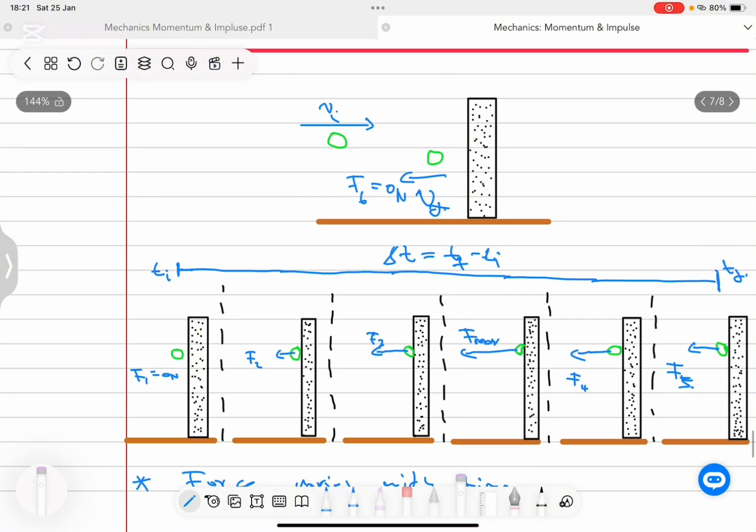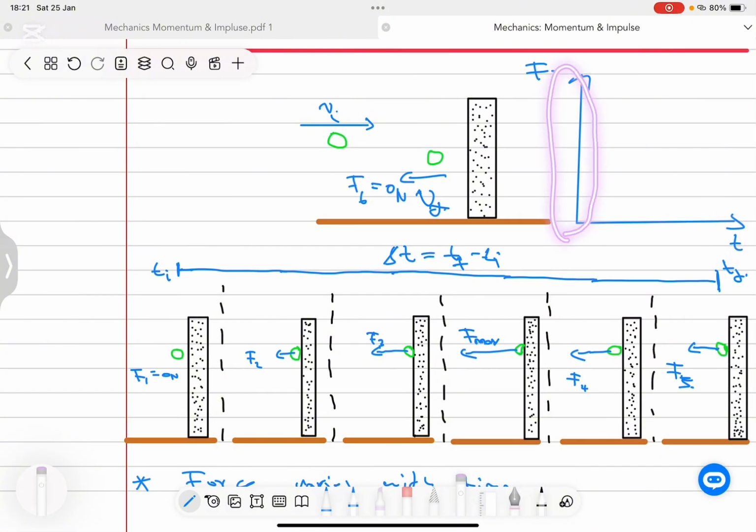Now, we can illustrate this using perhaps a graph of force versus time. In this axis, we're going to put time, and in this axis, we're going to put the different forces that we have. And obviously, both of them are measured from 0.